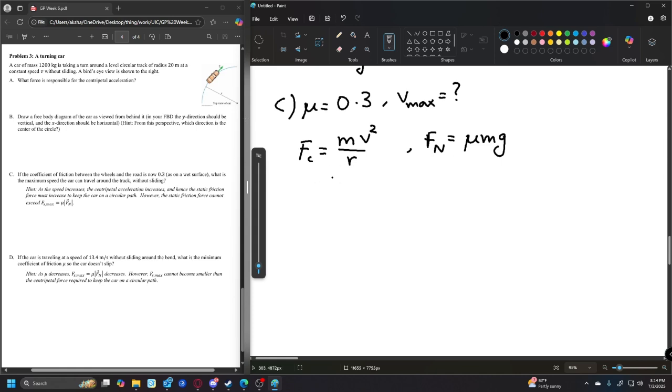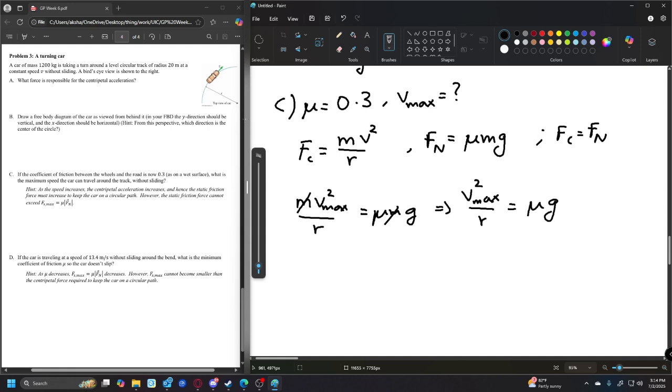So in order to get the value for v, we equate F_c equals F_s and solve, and we get m v max squared over r equals mu m g. The m gets cancelled, and we're left with v max squared over r equals mu g.